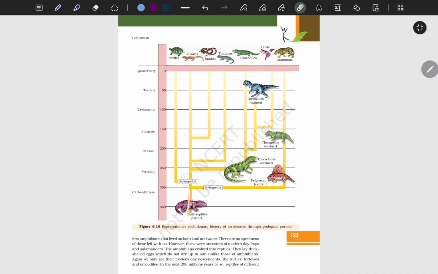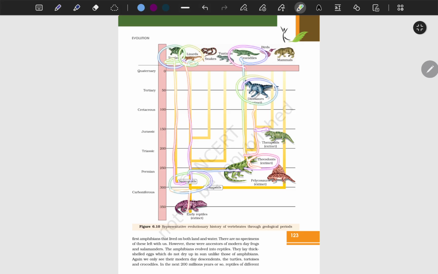Now early reptiles give rise to sauropsids. Now sauropsids give rise to turtles directly. Then sauropsids also give rise to lizards directly, and these sauropsids give rise to thecodonts, which developed into the crocodiles and the dinosaurs, which became extinct.